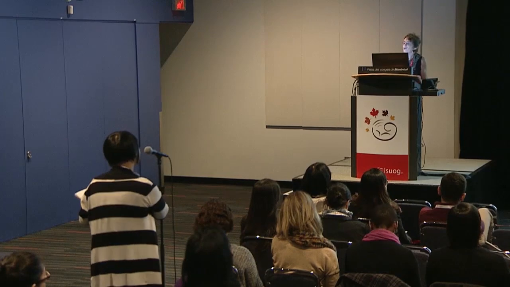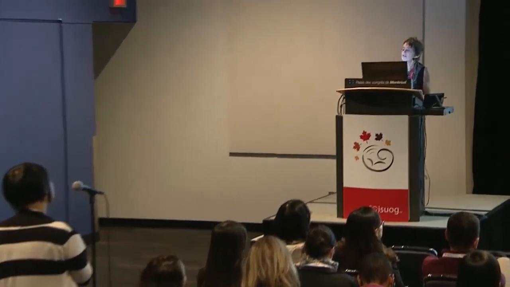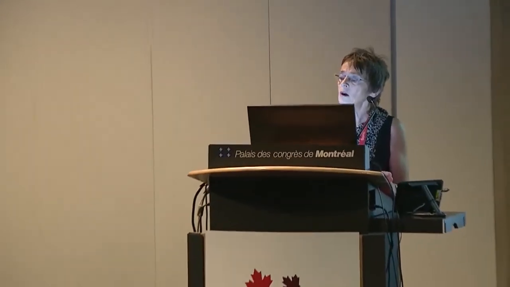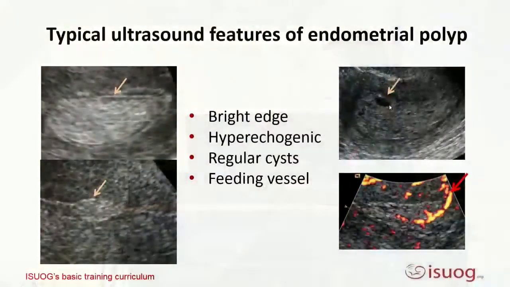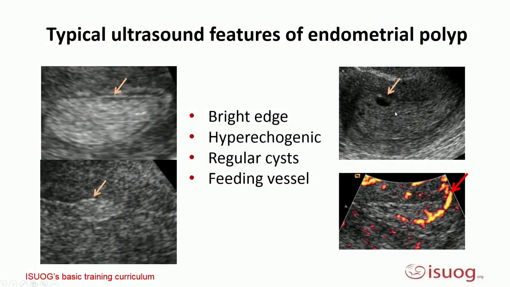So, for example, what you see here, this is a sagittal section through the uterus. This is the endometrium. You can see a white line here and a white line here. This is the so-called bright edge, which reflects the interface between the polyp and the endometrium.